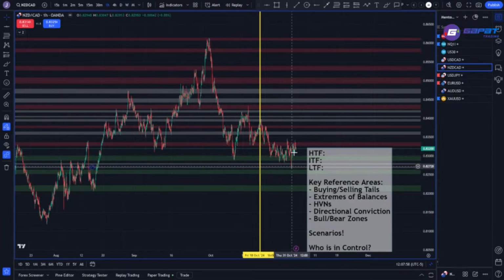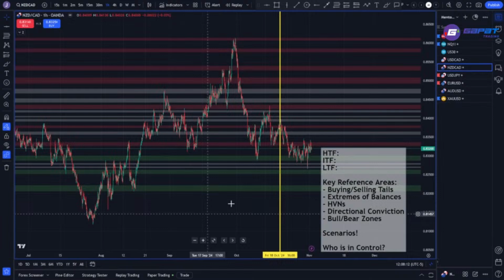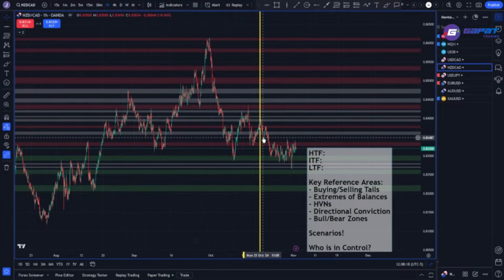We eventually broke below it, but now we're holding back above it again. So the buyers are still defending this area. I would say the higher time frame isn't done yet, and they could still maintain control. But the intermediate time frame is looking weaker and weaker, or more bearish.